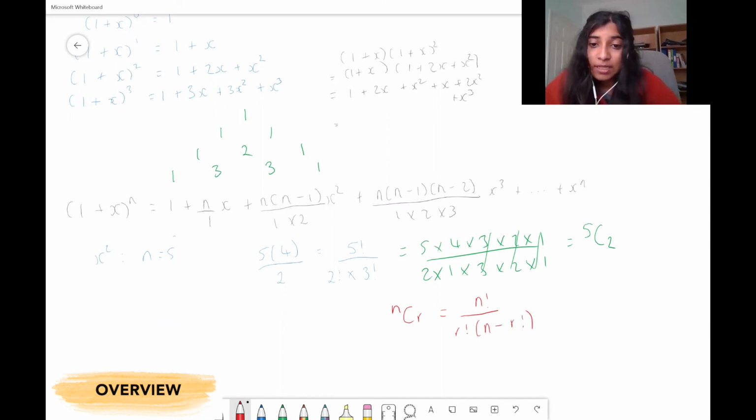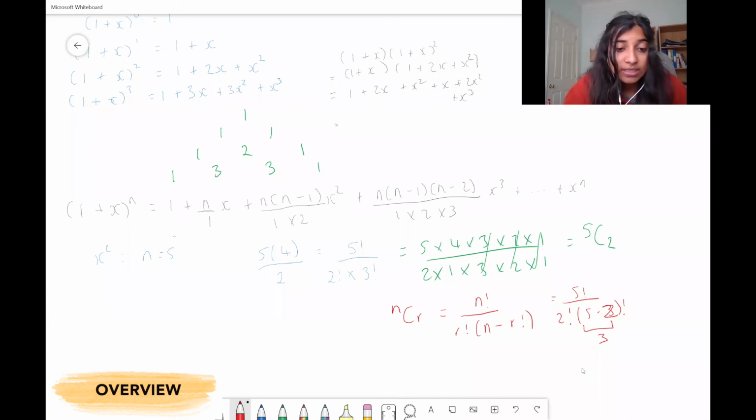So if we were to sub in the values of 5 as n and r as 2, we'd get 5 factorial over 2 factorial times (5 minus 2) factorial, that is 3 factorial.